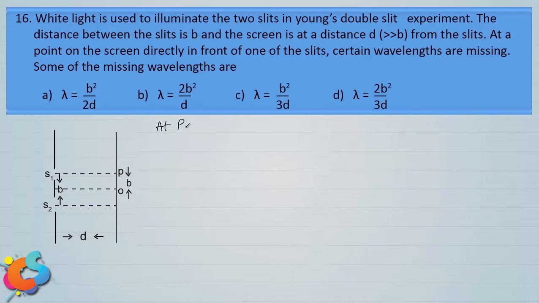At P, the distance from the center, that is x, is given to be b by 2, that is half of b. And you know that a minimum is formed at P. Therefore, we'll write the condition for minimum, or the dark fringe is formed.